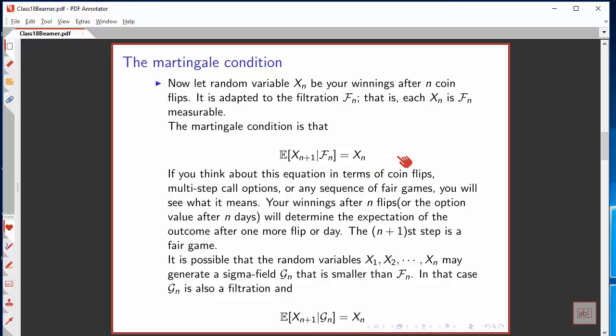If you happen to have $48 after day n, and you're going to flip a coin in such a way that you either win or lose $5 on the next day, your expectation for the next day, conditioned on having $48 on day n, is another $48.